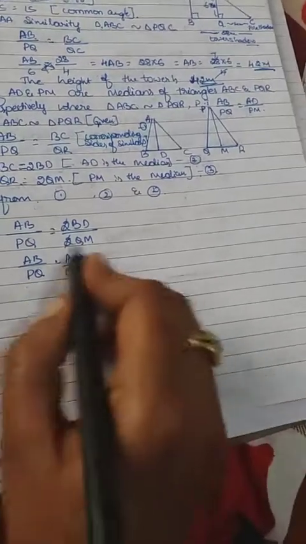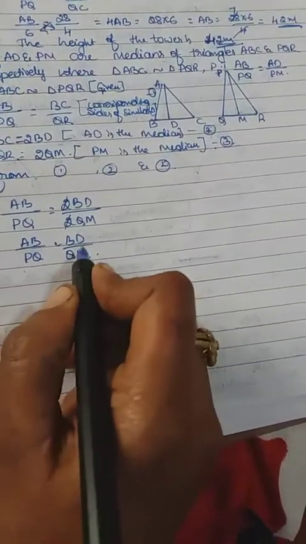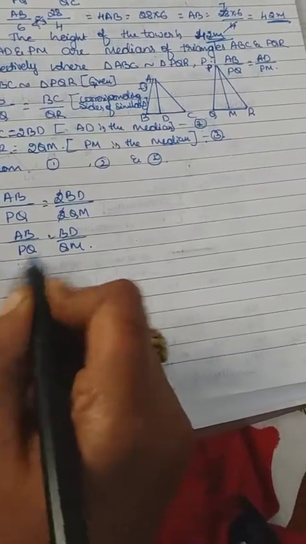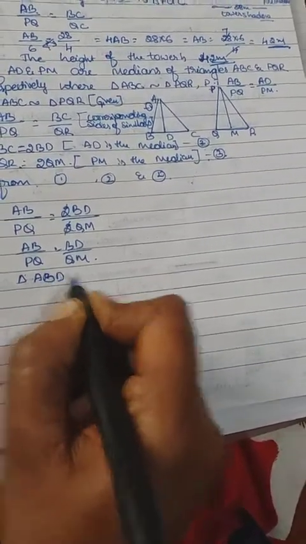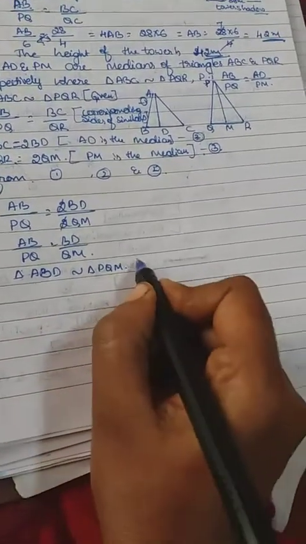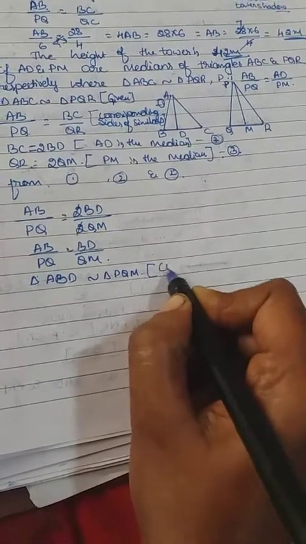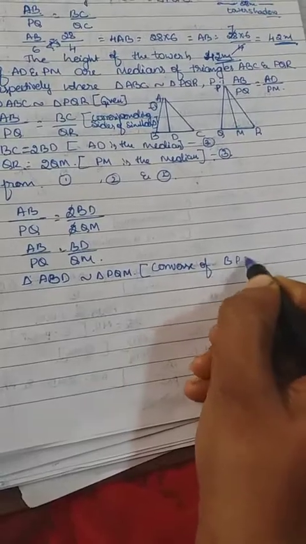And if the sides are proportional, we can write triangle ABD is similar to triangle PQM, right? So if the sides are proportional, we can write triangle ABD similar to triangle PQM, which is the converse of BPT.